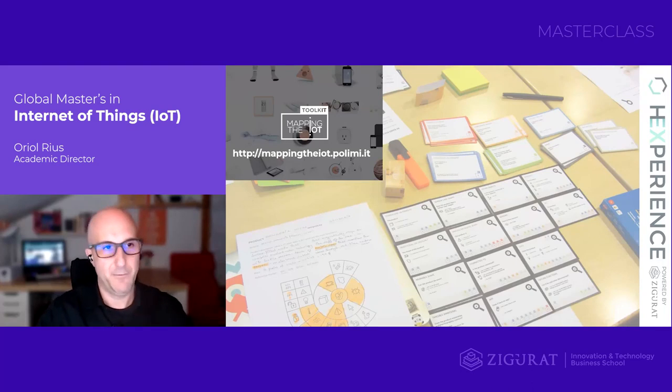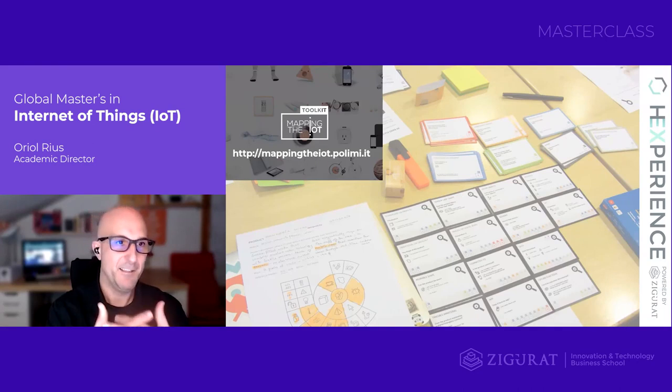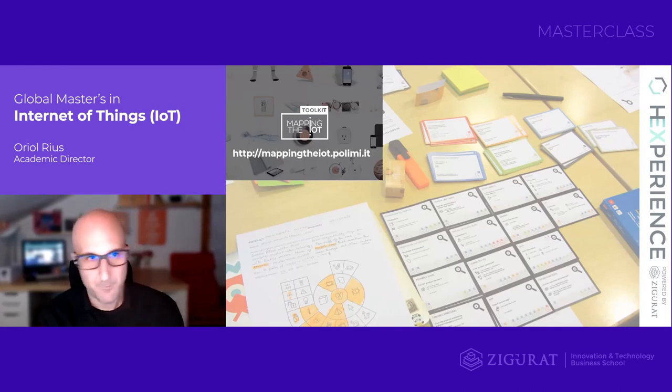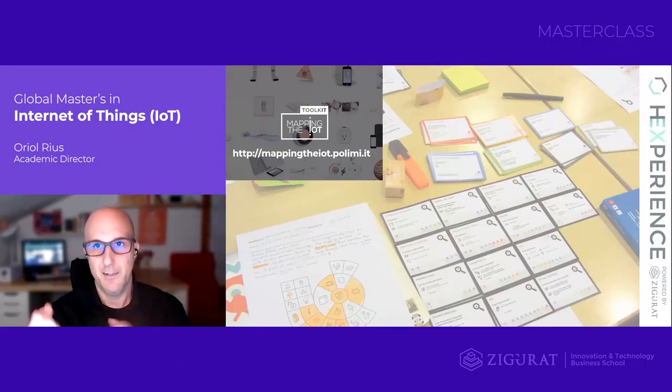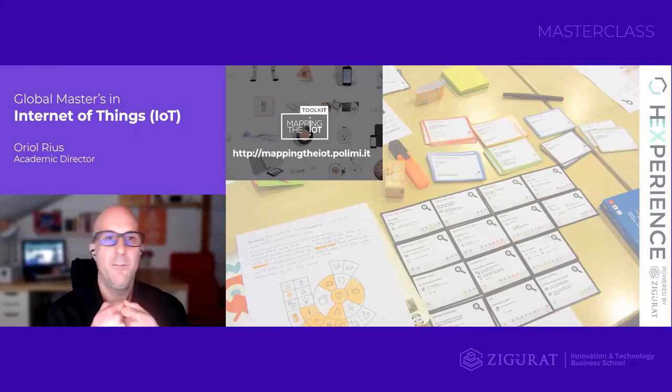It's a Creative Commons project available at mapping the IoT.polimi.it. As you can see in that picture, there are a lot of forms, a lot of cards, and at the end of the day, it's a guided way of developing an IoT project.